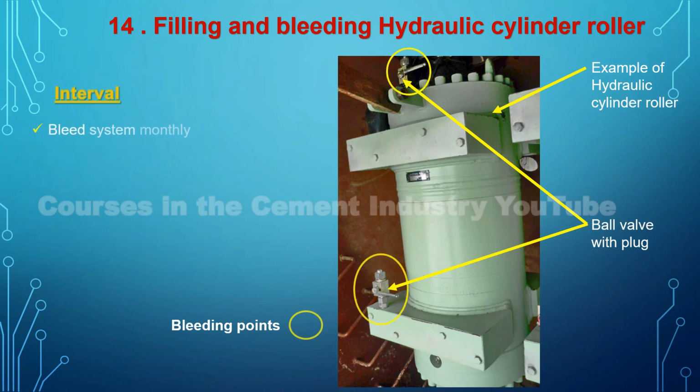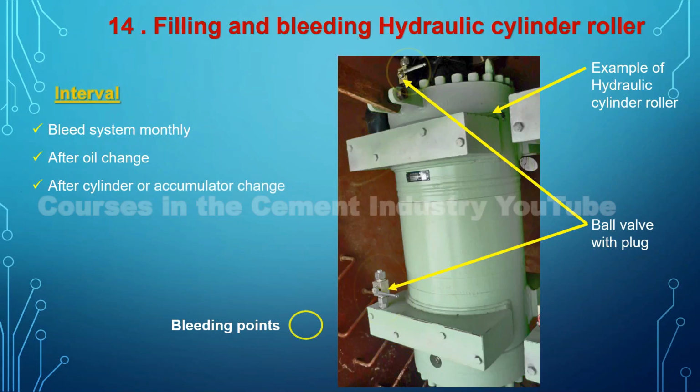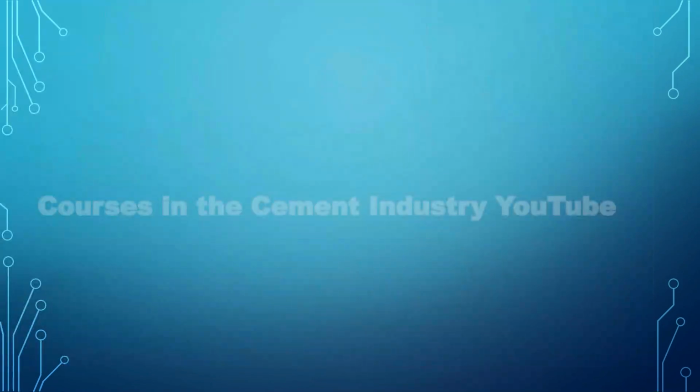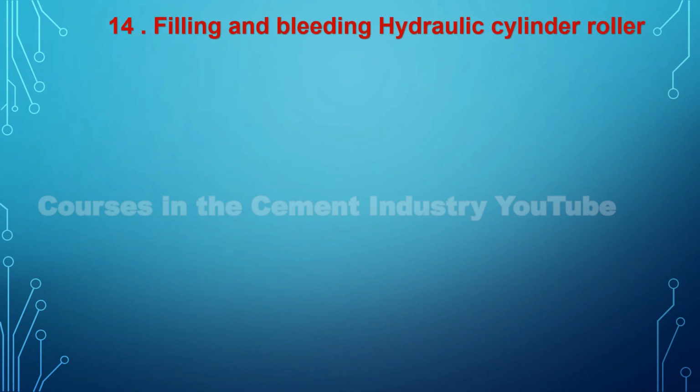Bleed system monthly. 2. After oil change. 3. After cylinder or accumulator change. 4. Refer to LOESCHE filling and bleeding instructions. We follow together, filling and bleeding hydraulic cylinder roller.